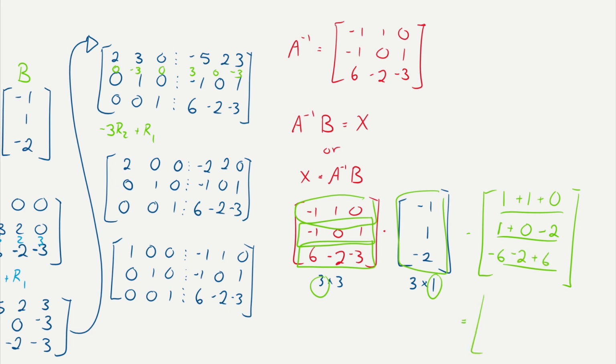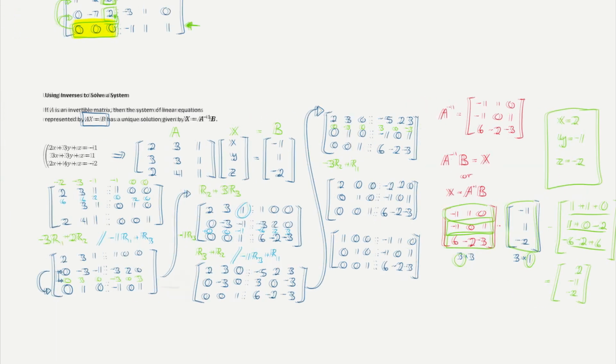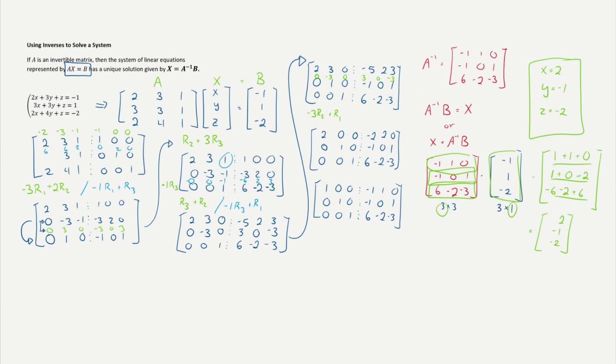So our simplified result is 2, negative 1, and negative 2. And there's the answer. So x equals 2, y equals negative 1, and z equals negative 2. And you can take all those, and if you want, you can plug them in to the system over here, and the left will equal the right.